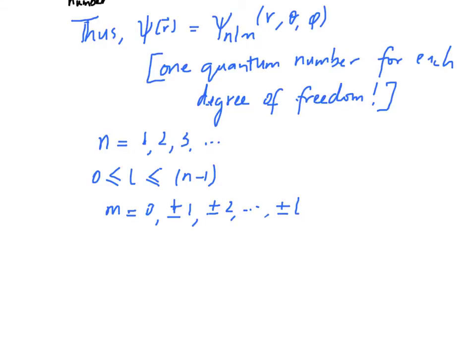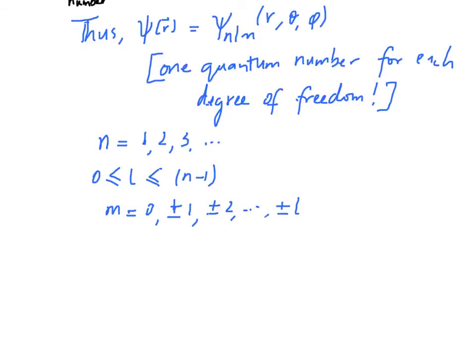Our principal quantum number n can take on any positive integer value, 1, 2, 3, etc. Our quantum number l can range from 0 to n minus 1, and finally our quantum number m can have values of 0, plus or minus 1, etc., up until plus or minus l. So the maximum value it can have is plus l.